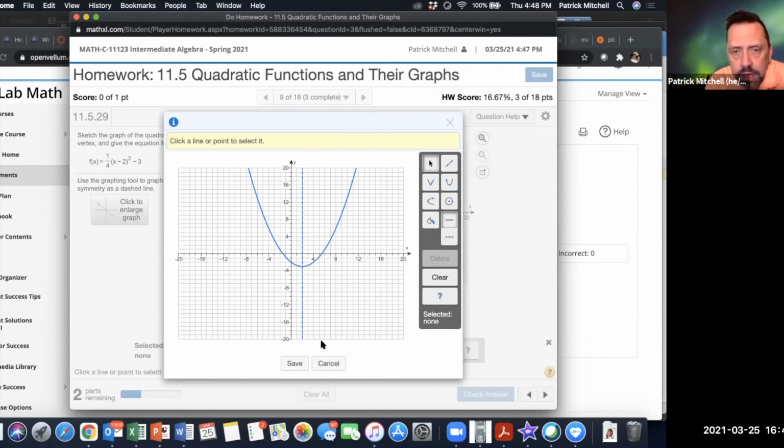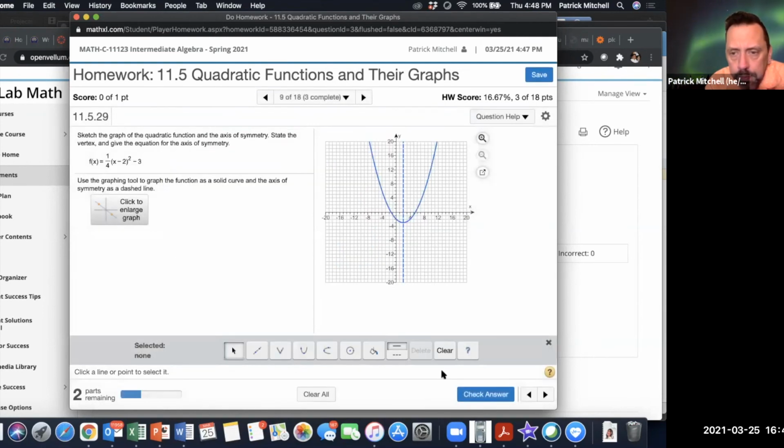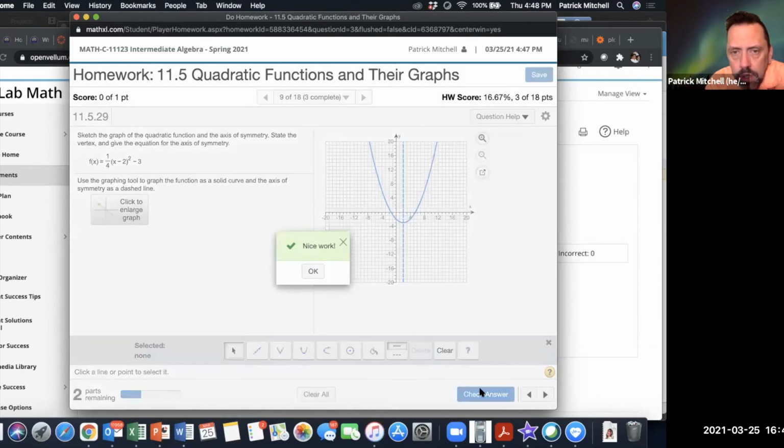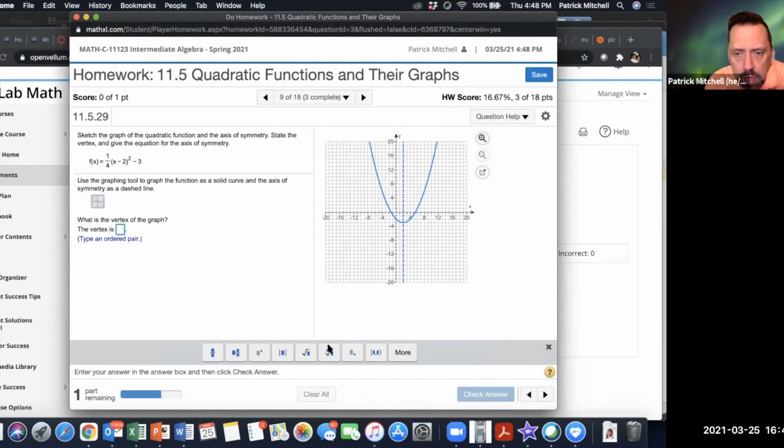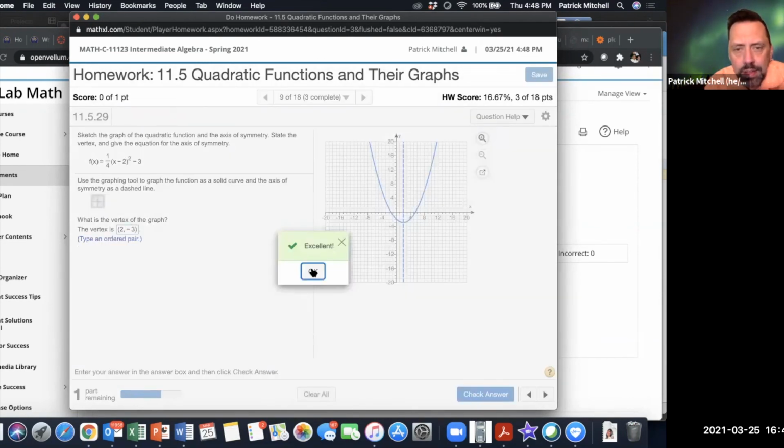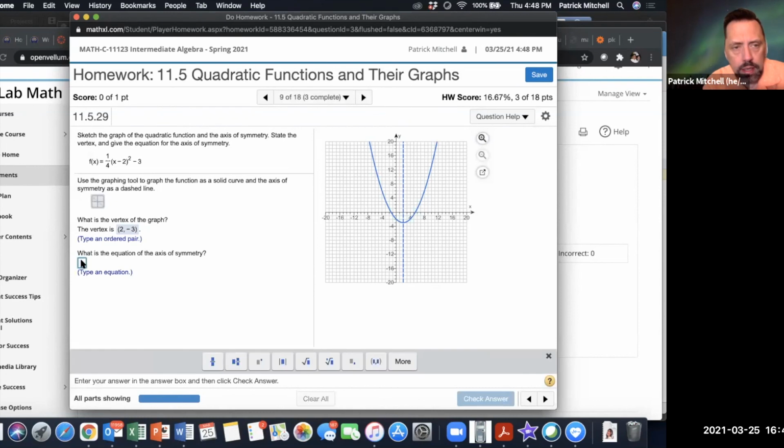All right, so that should be good to go. Yahoo! All right, what is the vertex? The vertex is 2, -3. And the axis of symmetry is x equals 2, right?